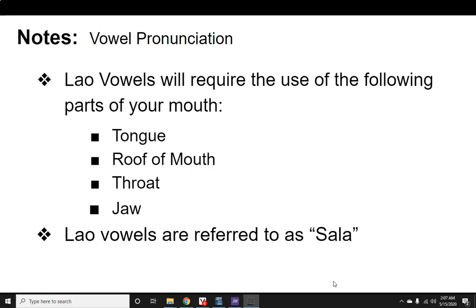And in Lao, the vowels are referred to as sala. That's the word for vowel, sala. So we'll have sala and then the vowel name, and then the next vowel will be sala and then the vowel name. Okay, so here we go.